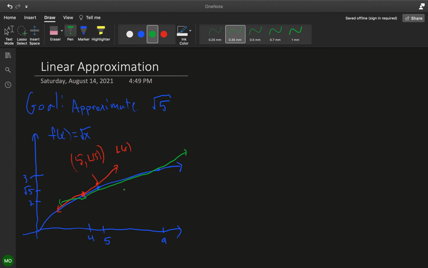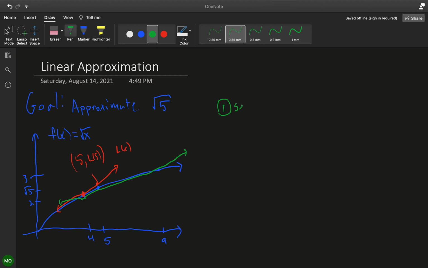A secant line intersects our original function f at exactly 2 points, whereas a tangent line intersects our function at exactly 1 point. So the slope of our tangent line, of course, is going to be our derivative of f at the value 4, whereas the slope of our secant line is just going to be the average change between 4 and 9.